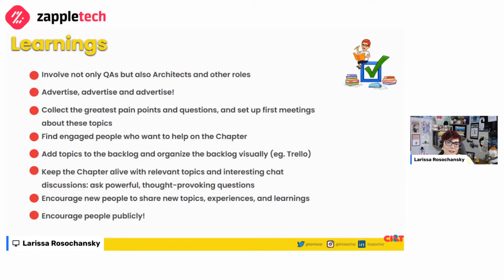Collect the greatest pain points and questions, and set up the first meetings about these topics. This is one of the most important things. The first meetings need to address the greatest pain points your community has, the greatest questions your community has.